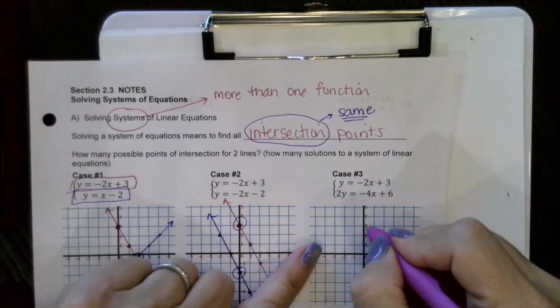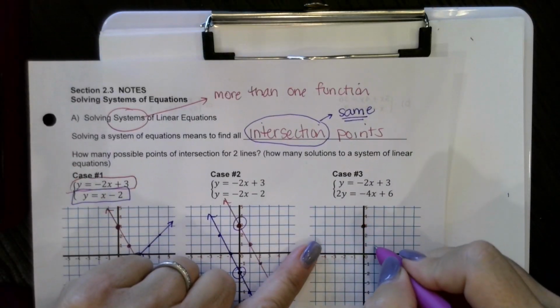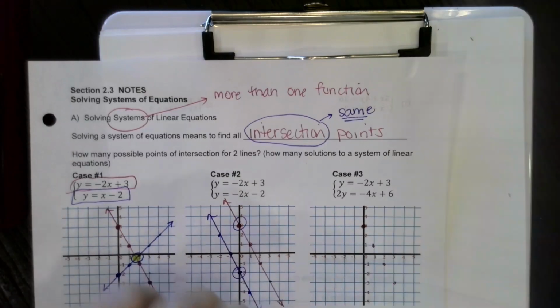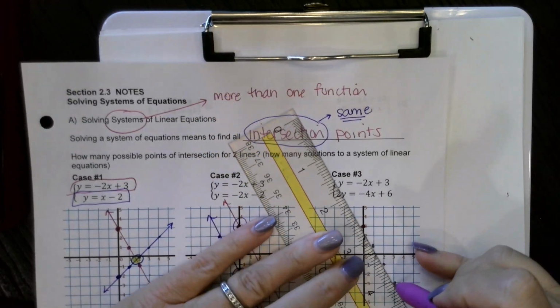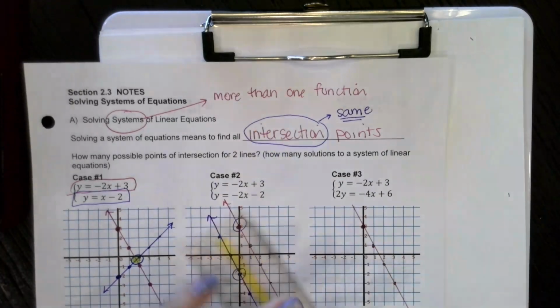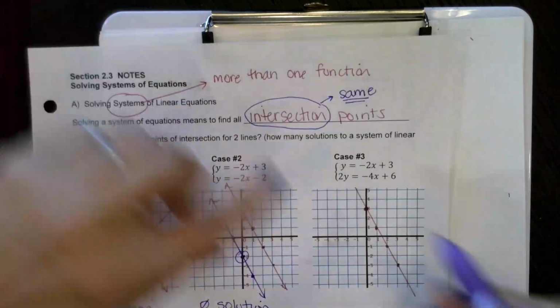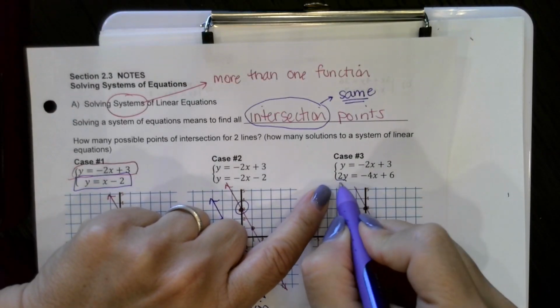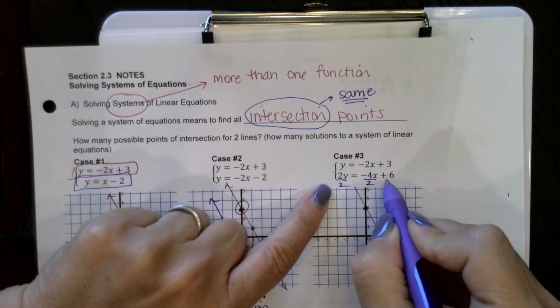So same line again, I'm going to start at 3, and I'm going to go down 2 over 1. Here's my line. Okay, now this next one, be careful because I have this 2 that's out here. So I have to divide by 2, divide by 2, divide by 2.